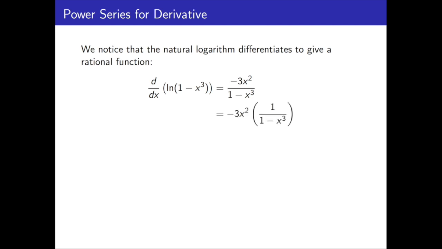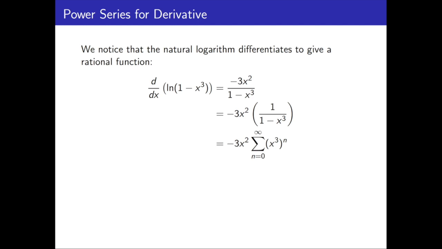So we'll pull the negative 3x squared out in front, and what's left is 1 over 1 minus x cubed. So in this case, the x cubed is the thing we're subtracting, which means x cubed is what goes into our sum. So based on what we know about geometric series, this is the same as negative 3x squared times the sum from n equals 0 to infinity of x cubed to the power n.